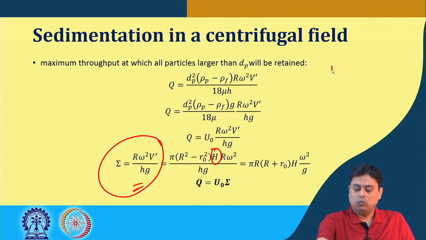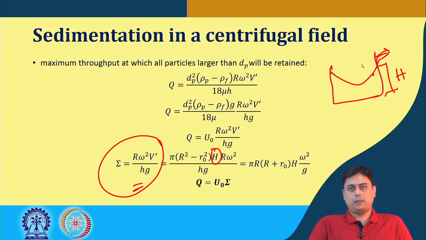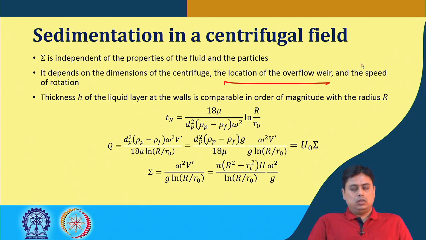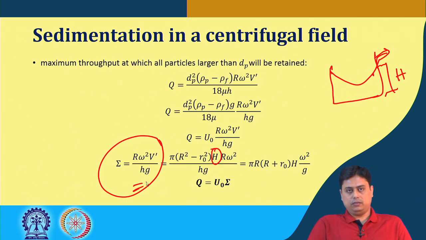That means this height h dictates where the overflow should be going out. So, this is the thing that we can calculate here, what is the capacity.